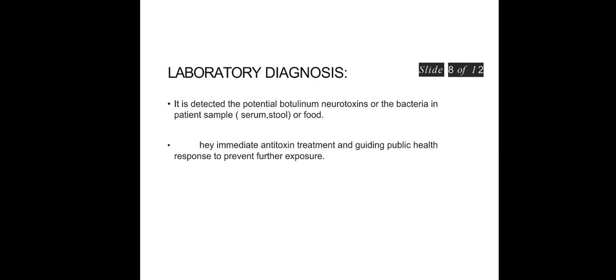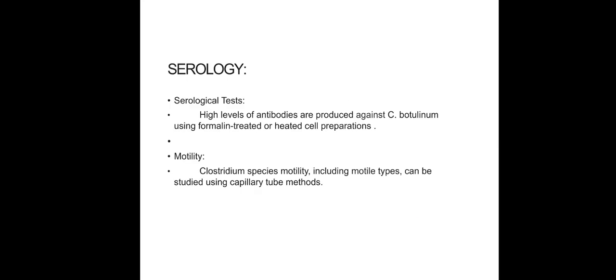Laboratory diagnosis is directed at detecting botulinum neurotoxins or the bacteria in patient samples or food, for example serum and stool. They initiate antitoxin treatment and a public health response to prevent further exposure.